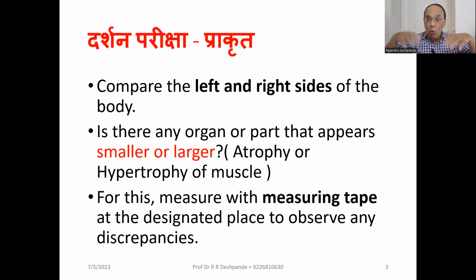If it is bulky, more than normal, that is hypertrophy of the muscle, pathological Mansa dhatu Vriddhi. For this, you have to do measuring tape measurement. Suppose I want to check these arms, right and left, then check the circumference of this part and this part with the measuring tape and compare. Then you will immediately get the idea.